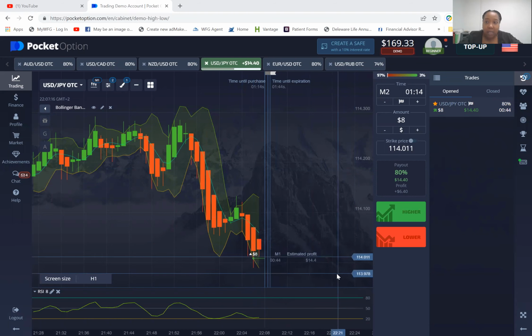I would not say to take a trade like this, because it didn't go below the 20, but it was right at the 20, and I saw that it was outside of the Bollinger. So I went ahead and took the opportunity, as I believe that it will close above this area.